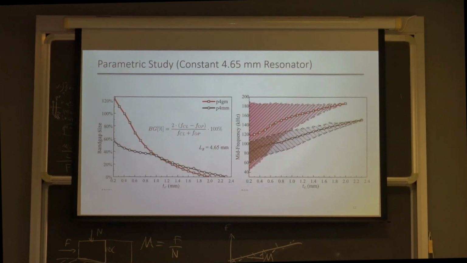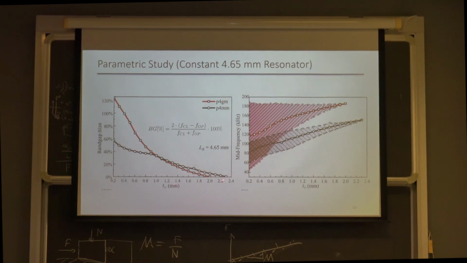And to end up with this best P4GM sample, of course, we did a parametric study before. First we fixed the square local resonator size, and then we reduced the connector width, the thickness of the connectors.